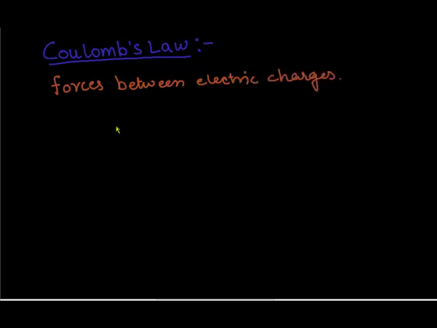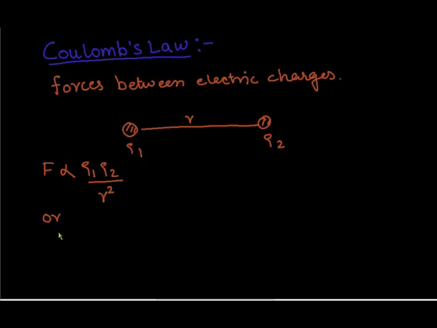Consider two charges, say Q1 and Q2, kept at a distance r from each other. These charges exert a force F on each other, which according to Coulomb's law is directly proportional to the product of charges Q1 and Q2 and inversely proportional to the square of the distance between them.